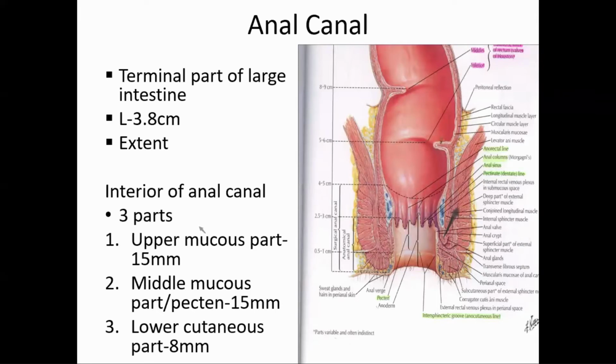Why is it important? Because during insertion of the instrument, to prevent injury, we must pass it carefully, since the middle valve divides the rectum into the upper and lower chambers.